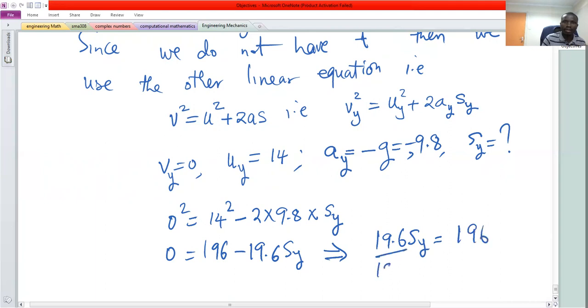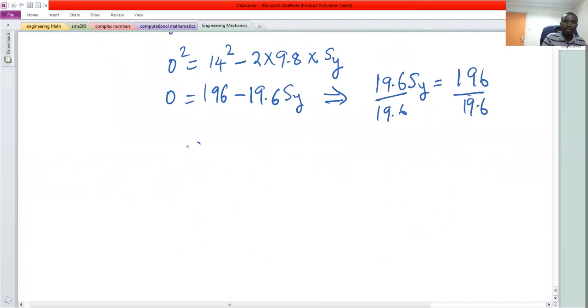Then divide by 19.6. So sy, which is the maximum height, h, is given by 196 divided by 19.6, which is 10. So we get 10 meters.